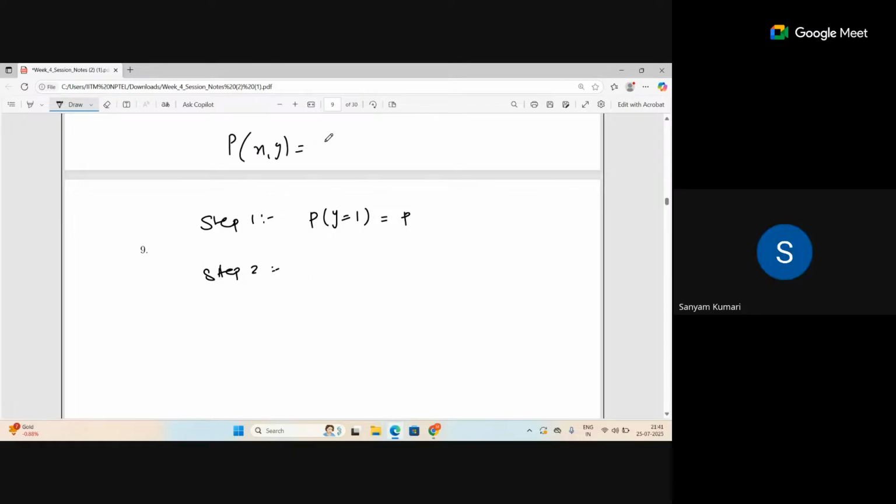Let's say y equals 1: the probability of a word falling into, the probability of x given y. Now I know this one, since in the first step I found out the probability of y. Or we can take the probability of x times the probability of y given x. And x contains, let's say, 3 features or D features.